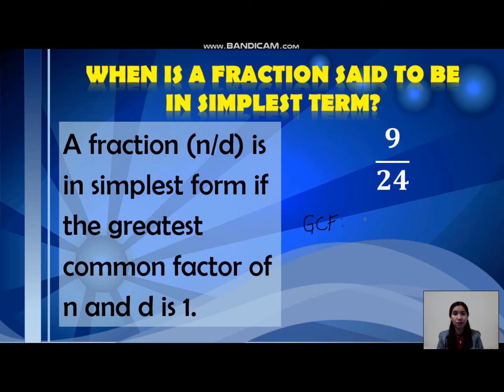So the GCF of 9 and 24 is 3. With this, we can now express 9 and 24 as a product of a number and their GCF. So for 9, it is 3 times 3. For 24, it is 3 times 8. With this, the simplest term of 9 over 24 is 3 over 8.